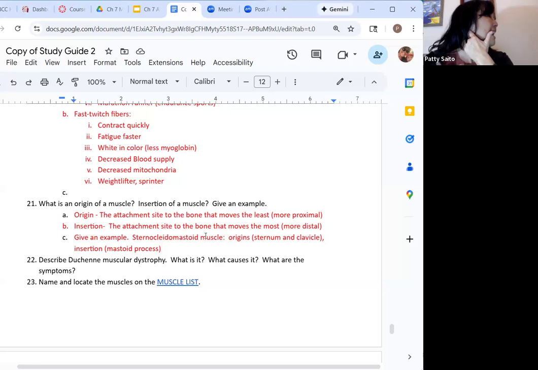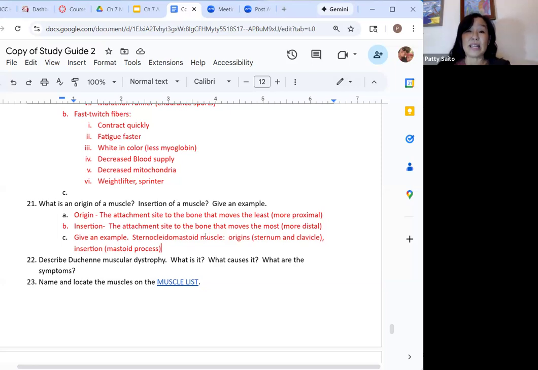Okay? All right. So, not all muscles are named for their origin and insertion, but some of them are. And you're going to learn the names of a lot of different muscles, and muscles are named for many different reasons. Some are named for their location, some for their size, their shape. There are lots of reasons, and also for their action, like what does it do when it contracts?